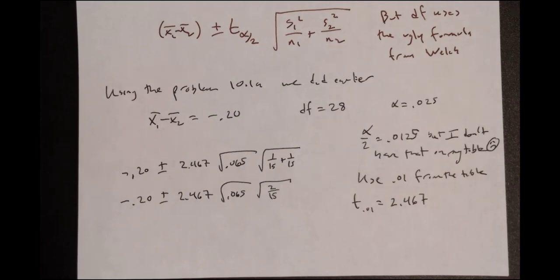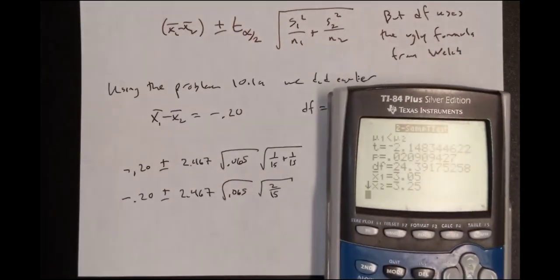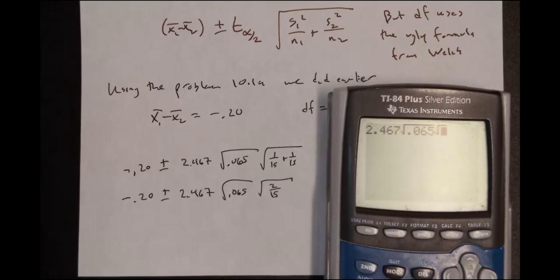And now I can grab my calculator and get a number. 2.467 times the square root of 0.065, multiplied by the square root of 2 over 15. That's my margin on either side of negative 0.2.